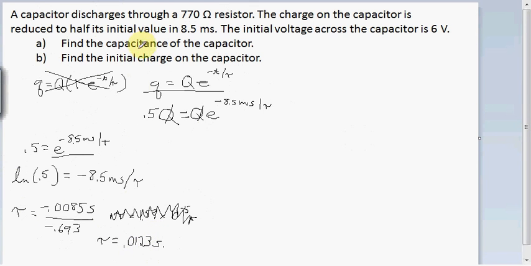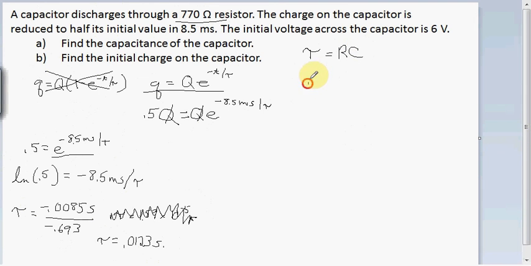We're after the capacitance, and remember, the time constant of a circuit is related to its capacitance this way: tau is equal to R times C. And so what that means is that now that we have the time constant, and of course we've got the resistance of our circuit, we can figure out what the capacitance is.